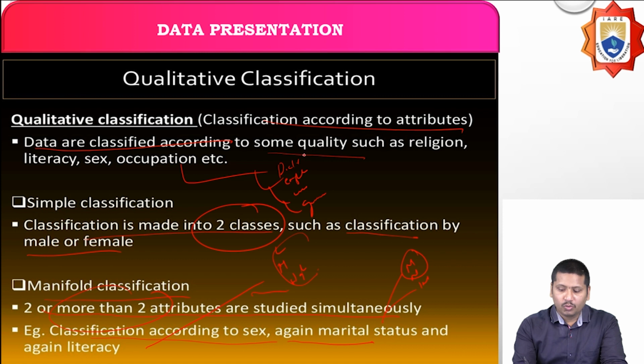So the quality is going to be considered according to this. And simple classification means the data is classified simply in two classes, like sex, male and female. And manifold, more than two is going to be considered.